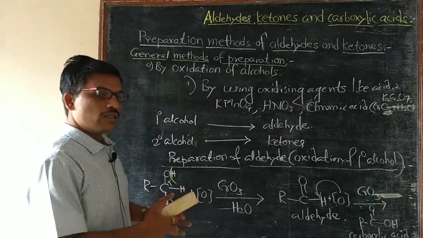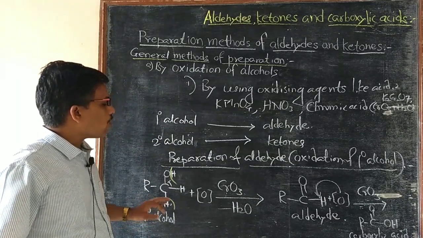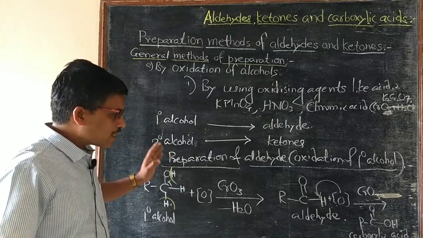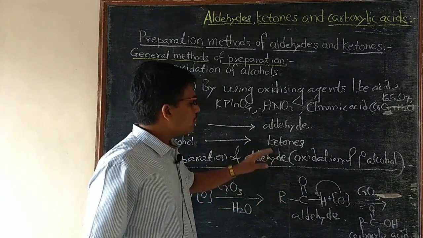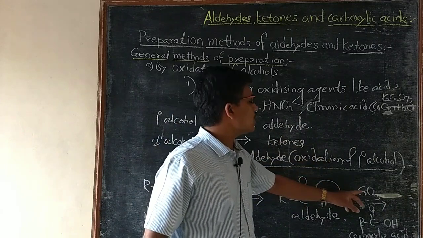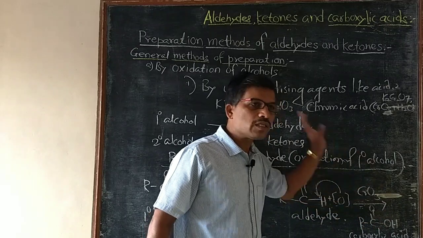In this way, a primary alcohol on oxidation using chromic acid gives its corresponding aldehyde. Then this aldehyde formed further undergoes oxidation by using chromic acid to give its corresponding carboxylic acid.